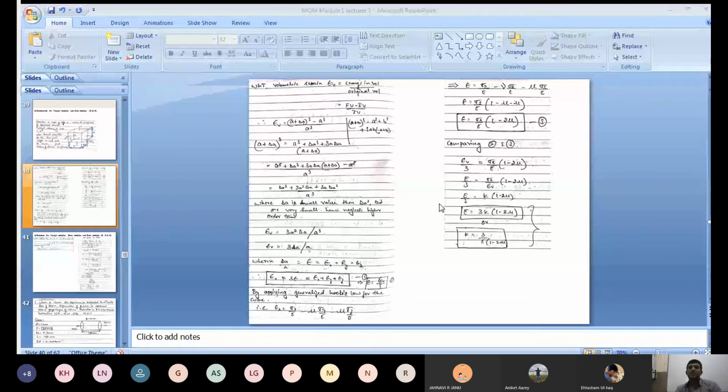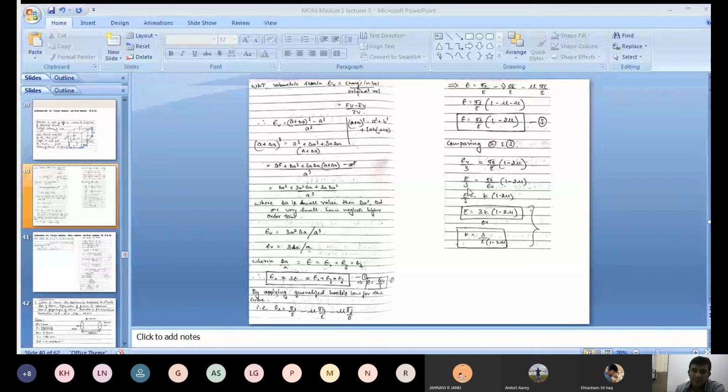Again see that Young's modulus is always greater than bulk modulus. The value of 1 minus 2 times mu varies from about 0.25 to 0.35 for engineering materials, so it does not vary much. Now Young's modulus is greater than bulk modulus. Remember this relation: E is equal to 3 times k times 1 minus 2 times mu, or you can remember bulk modulus in terms of Young's modulus, but you should remember any one formula.